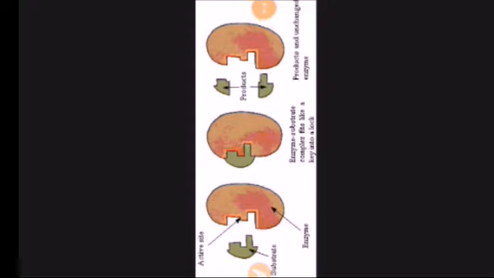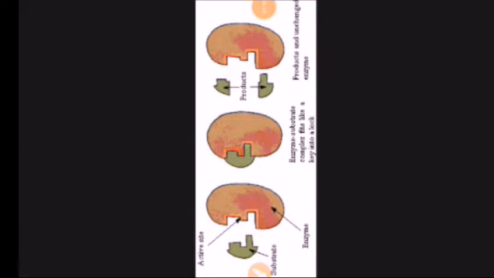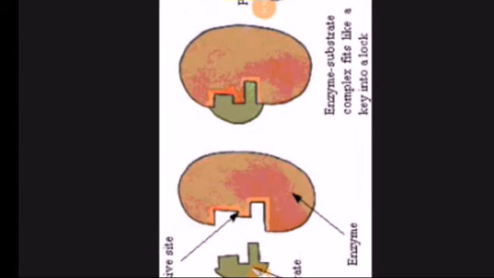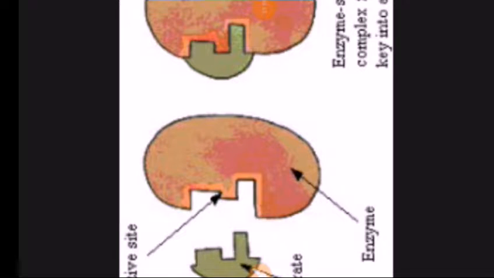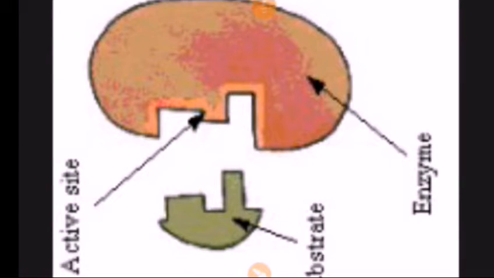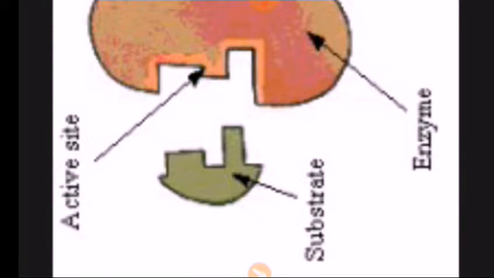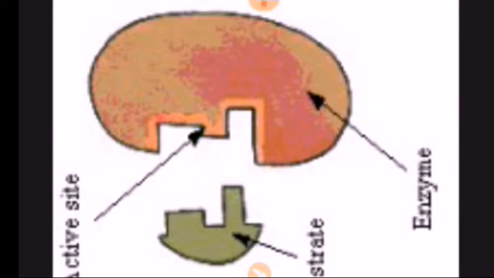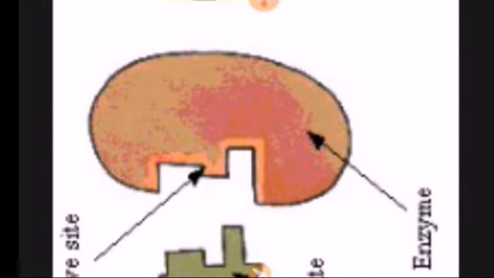Then I will show you the picture. You can see in the picture, at first the enzyme and substrate at the active site will add and form the enzyme substrate complex. It fits like a key into a lock. That's why it is called the Fischer lock theory, no?